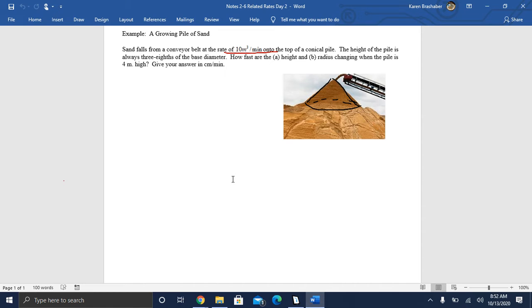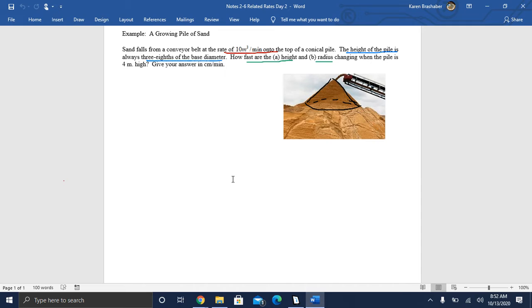The height of the pile is 3/8 of the base diameter, and we're asked to find, for part A, how fast the height is changing, and for part B, how fast the radius is changing as the sand is falling from the conveyor belt.